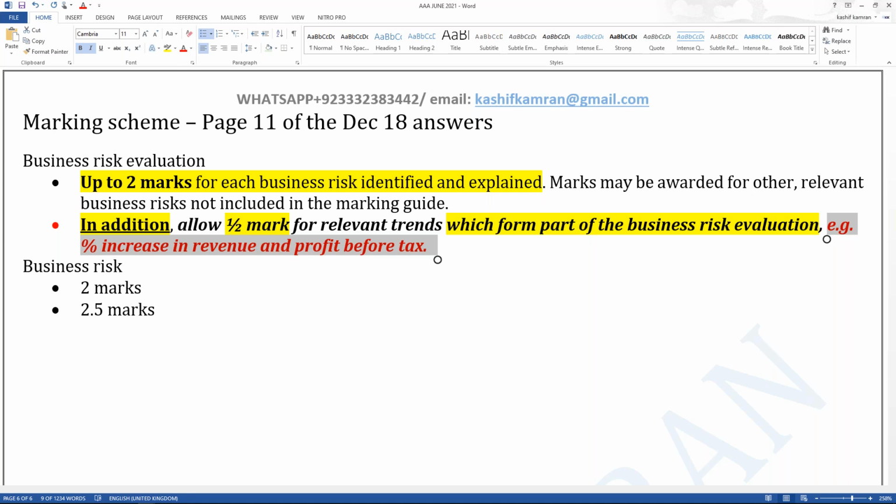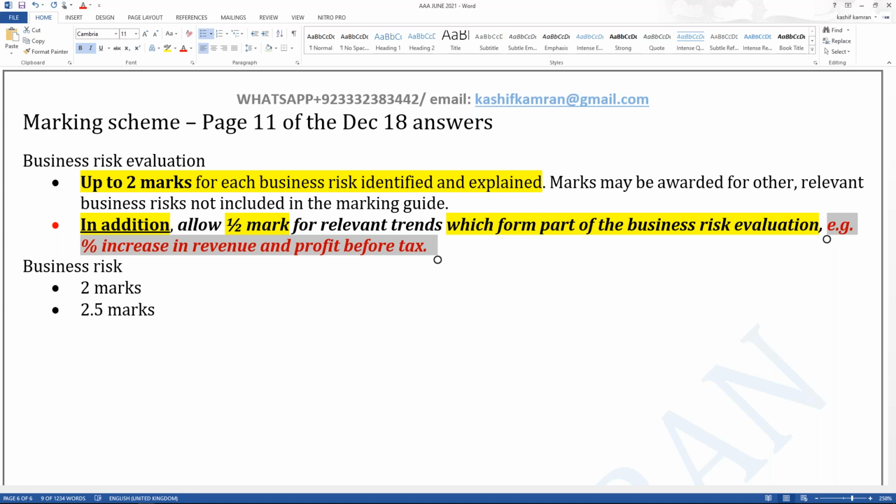Is that clear? So can there be a business risk for 2 marks and a business risk for 2.5 marks? If you find a trend and that trend forms part of your business risk evaluation, you will get 2.5 marks. But if you find a trend, will you get half a mark? No, unless it forms part of a business risk evaluation. There is no cap for additional marks, Sukaina.